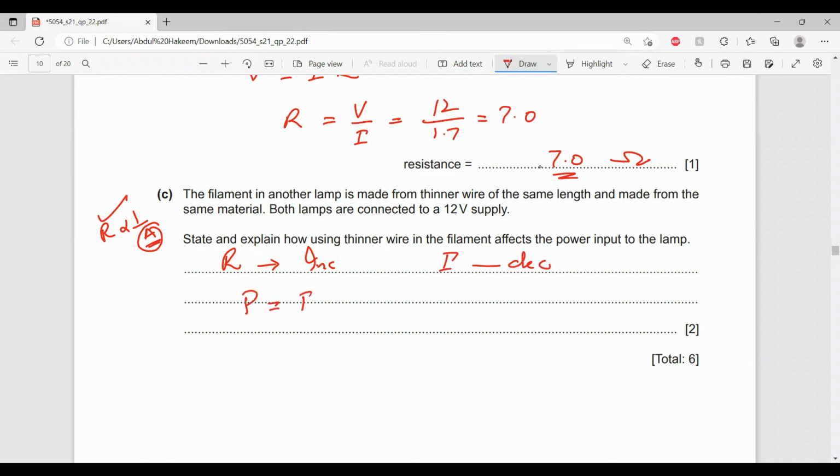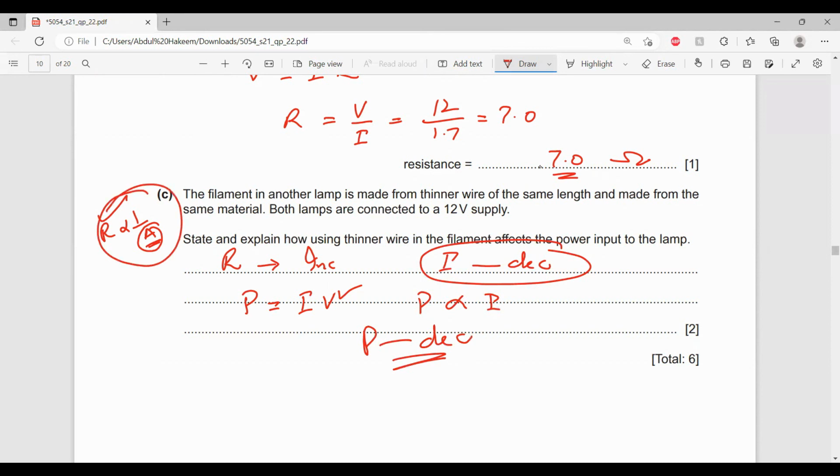According to the formula, power is equal to IV. When the voltage is the same, power is directly proportional to I. When the current decreases, power also decreases. So we write here: resistance is inversely proportional to area. Thin wire has small area, so large resistance. When the resistance is large, the current will be small, and the voltage supplied is the same, so power is directly proportional to I, hence power decreases.